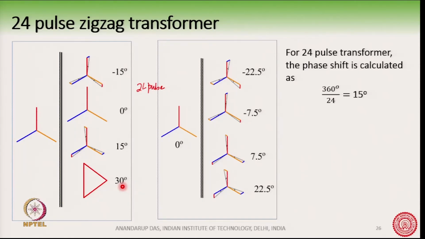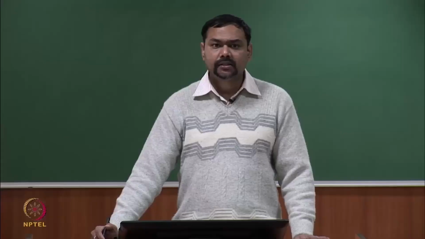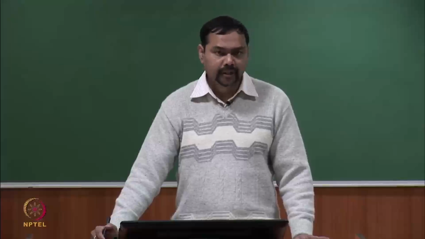One transformer is the star which gives a 0 degree phase shift, one can be a delta which gives us a 30 degree phase shift, but we need 2 more which we will get from 2 zigzag transformers. One gives us a 15 degree phase shift, one gives us minus 15 degree phase shift. In this way, we will be able to arrange for a 24 pulse transformer rectifier arrangement.